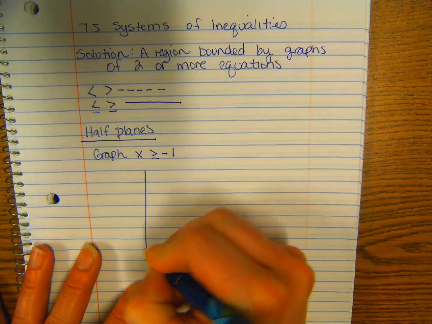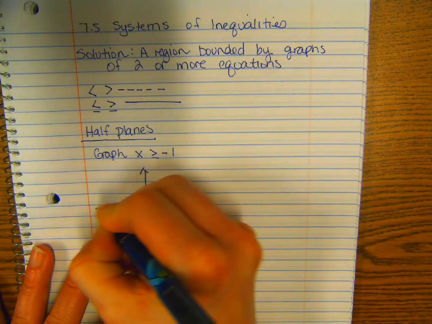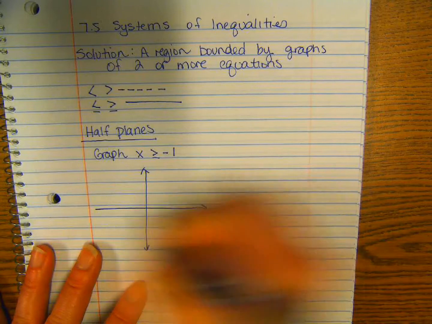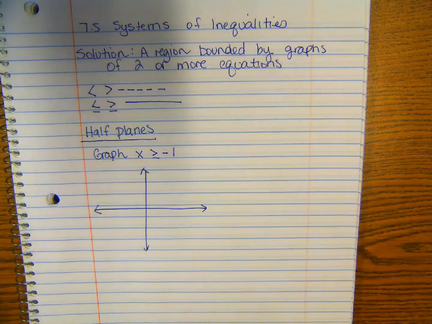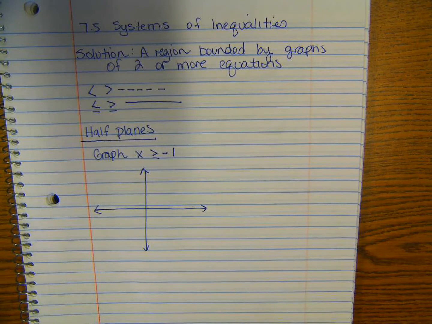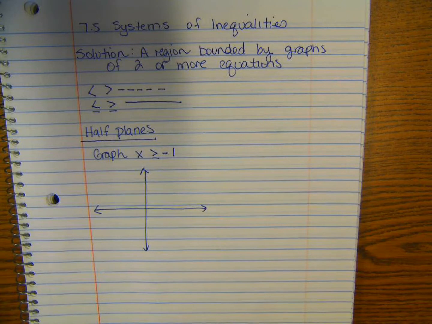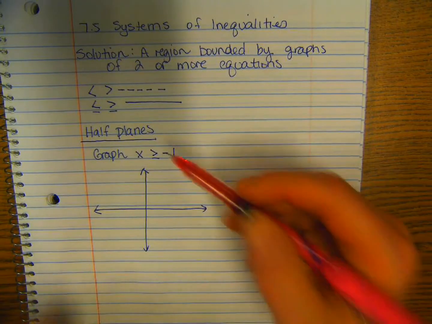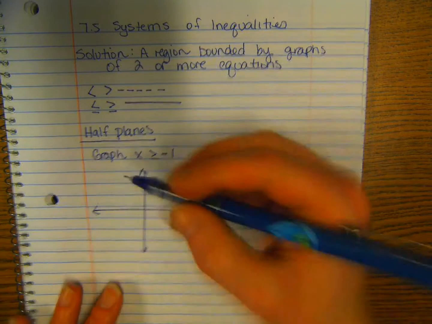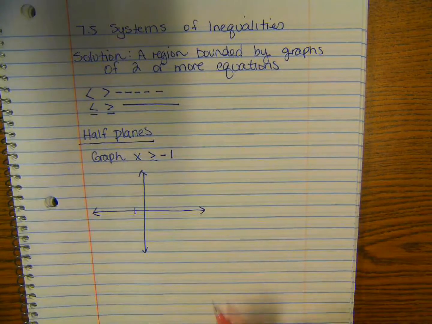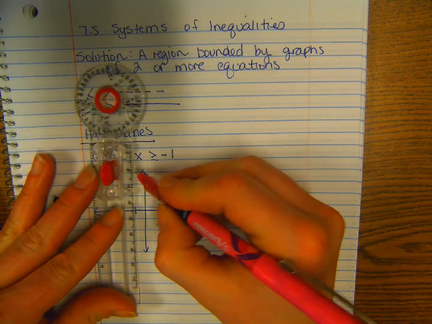We'll just sketch it here because it's just a vertical line. All right, so x equals -1 is a vertical line. So to graph x is greater than or equal to -1, I actually first have to graph the line x equals -1. So I graph it and I make it solid.